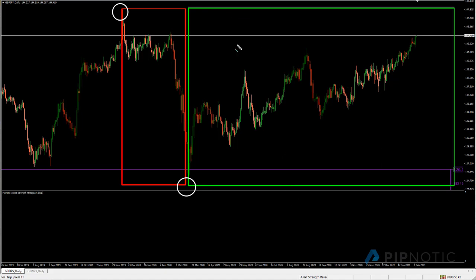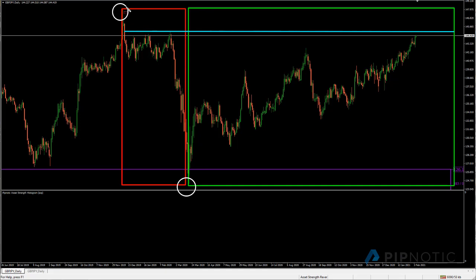So we can see we have a strong one here. This is a pullback. It's actually a little bit further north, maybe about like that. So we have that there, and the area of supply, which is at the origin of this move, is above that.